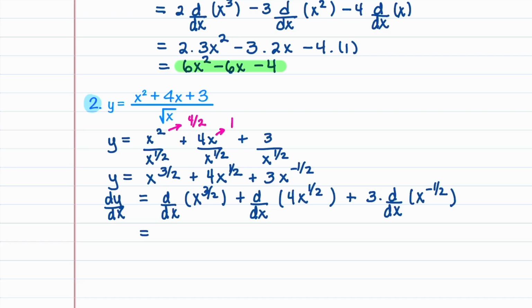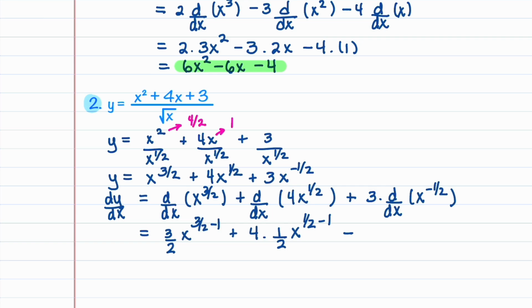Now we can take the derivative of all 3 pieces. Our first derivative is 3/2 x to the 3/2 minus 1. And then our next piece, we pull out the 4, and then we take the derivative, which is 1/2 x to the 1/2 minus 1. And then our last piece, we're going to take our 3, multiply it by minus 1/2.